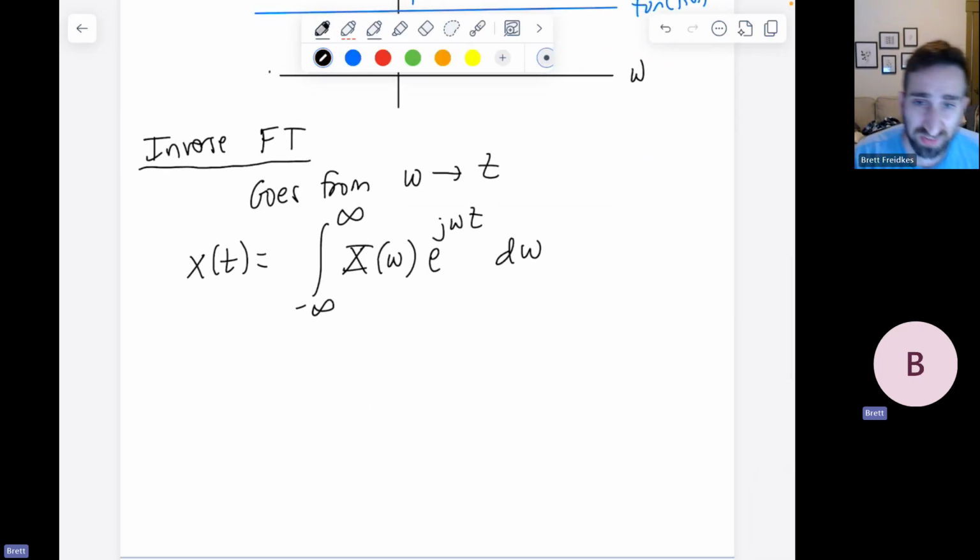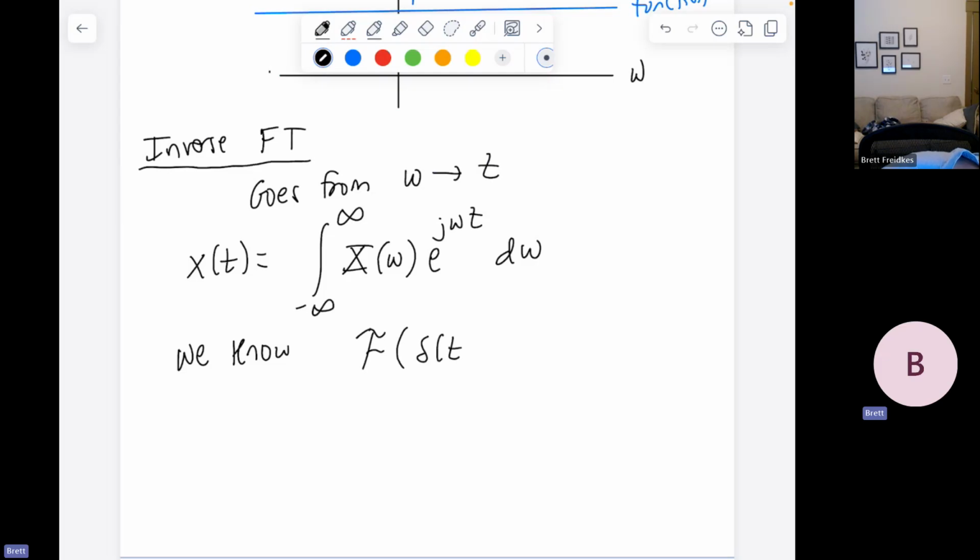So let's just see if we can work something out here. We know that the Fourier transform of the Dirac-Delta function, we know that that is equal to 1.